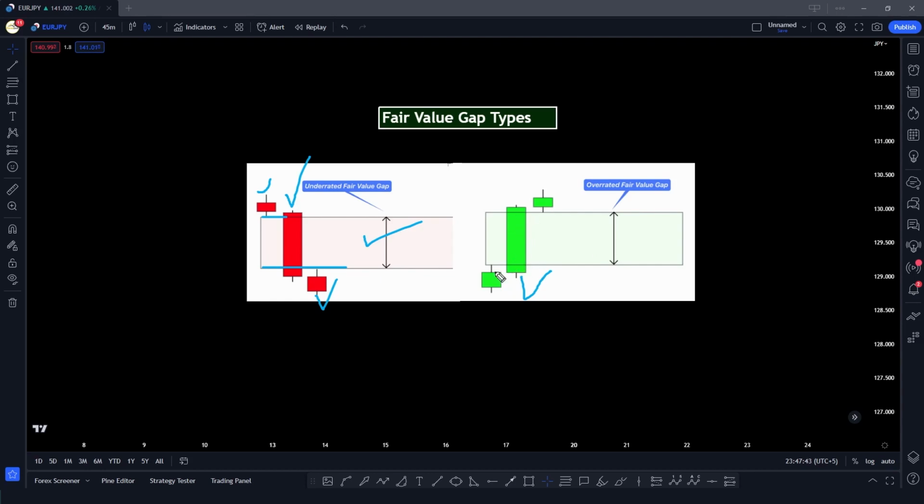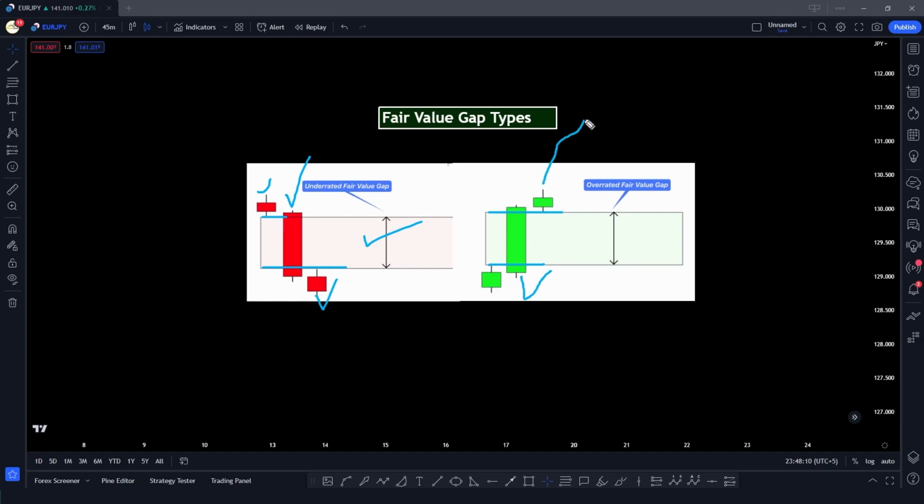The candles before and after this bullish candle should not cover its body, which is correct here. So we can draw the fair value gap zone below the low of this next candle and above the high of this previous candle. So this would be our overrated fair value gap, in which the current value of the security is greater than its fair value.